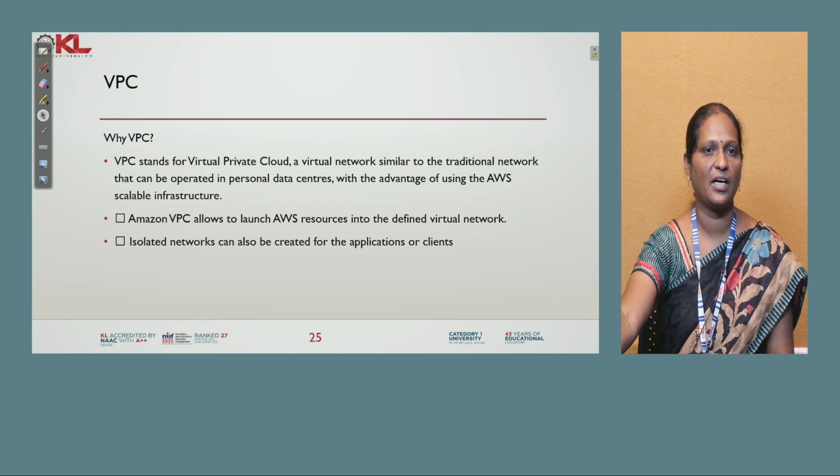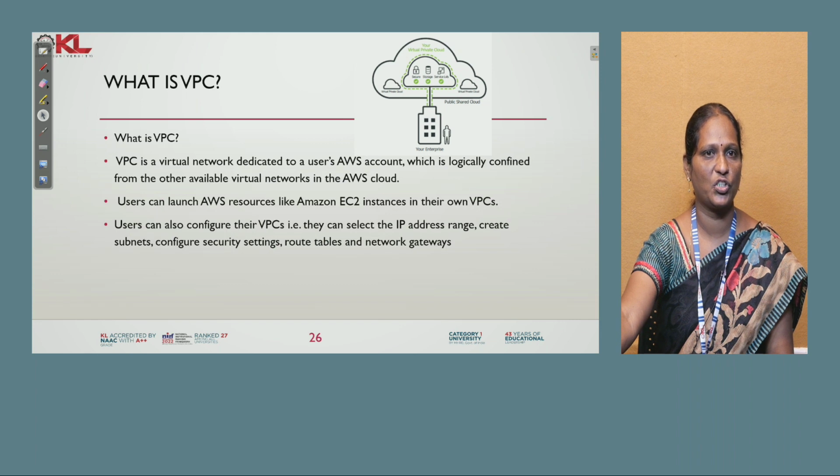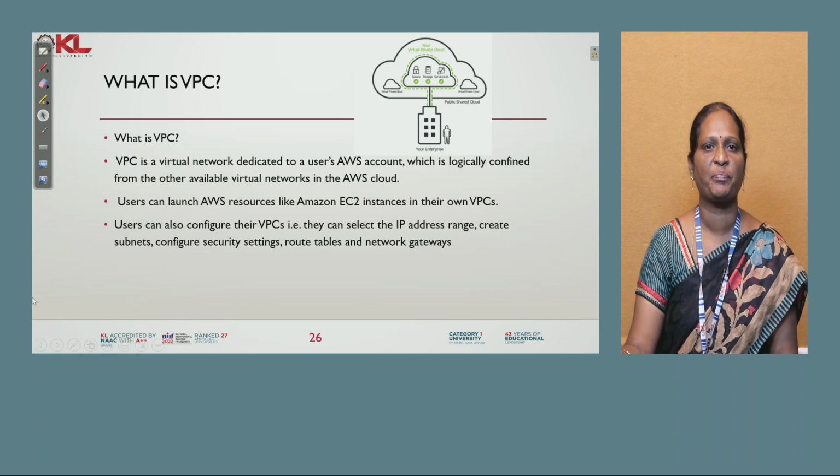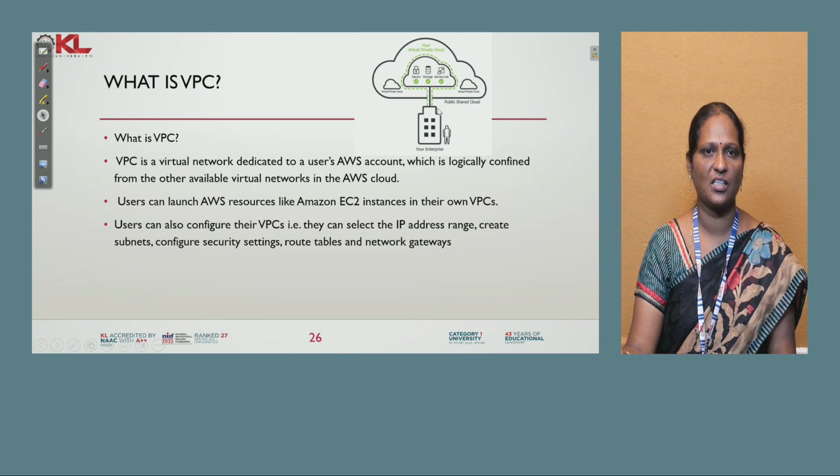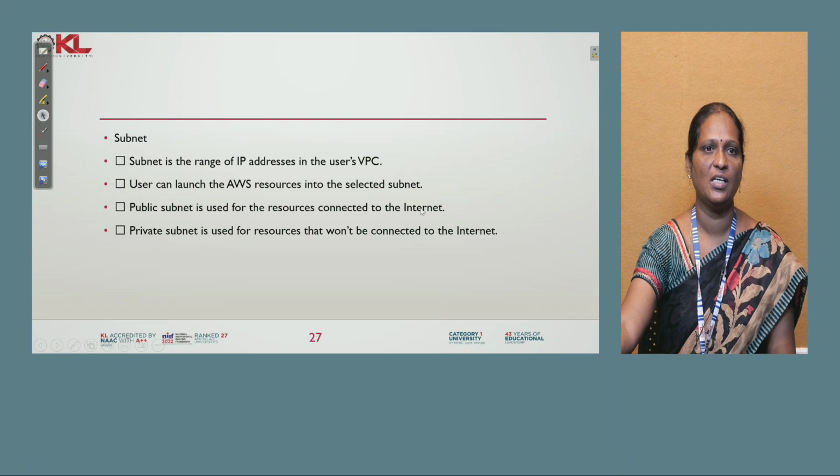By using VPC, you can create your own virtual network. This VPC network is dedicated to your user account, your enterprise. This entire space is given to you and logically confined to you only. No other virtual networks are allowed here. And you can launch any AWS resources in this virtual network, like EC2, S3, or any type of service.